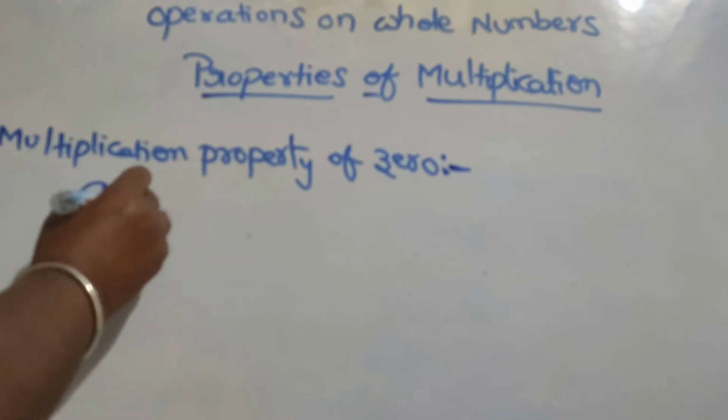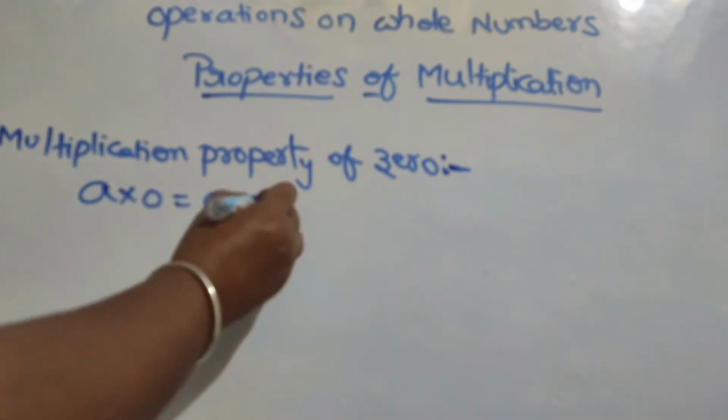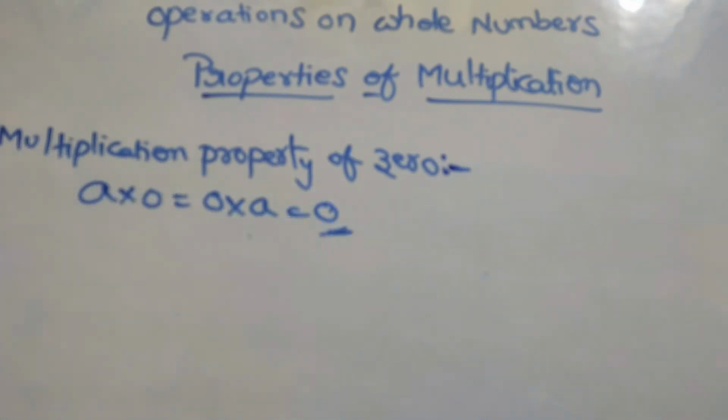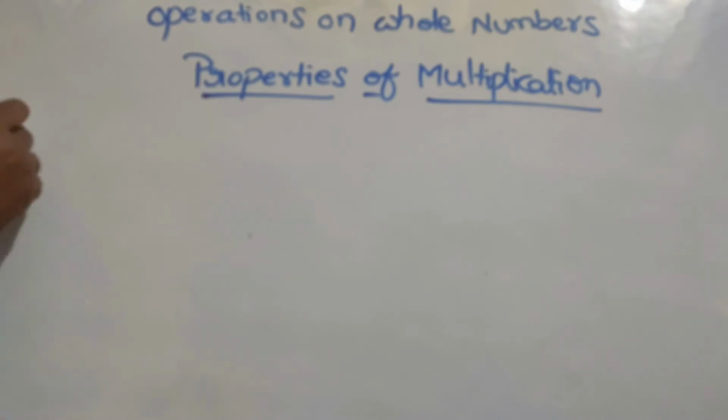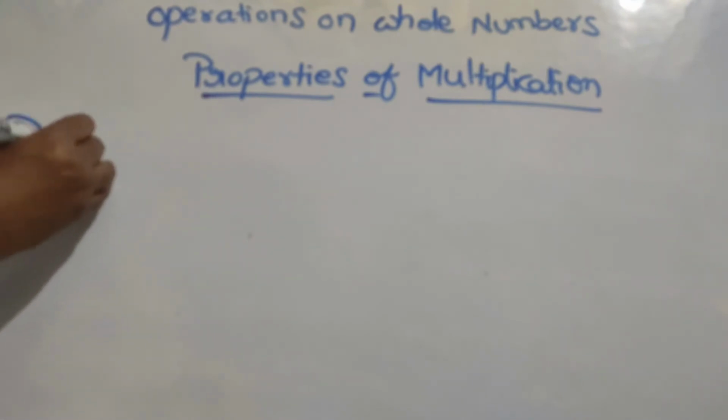Now a into 0, 0 into a is 0 only. So whichever number you multiply with 0, if the answer is 0, it is called the zero property under multiplication. Now the main property under multiplication is the distributive property.